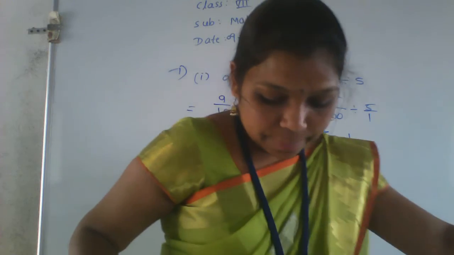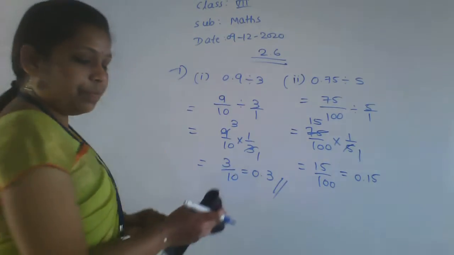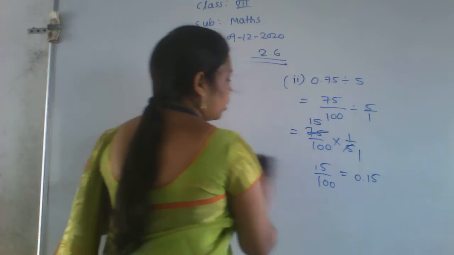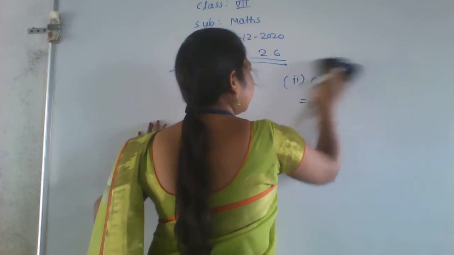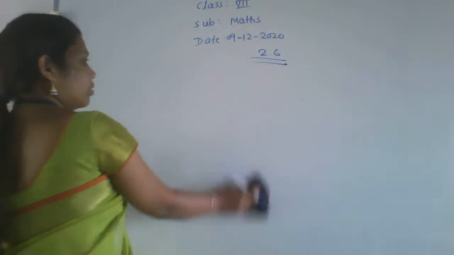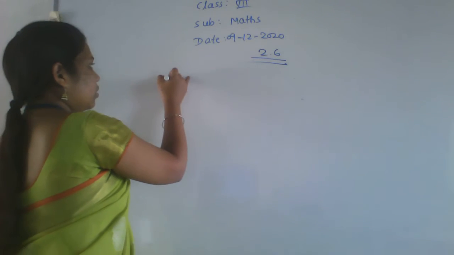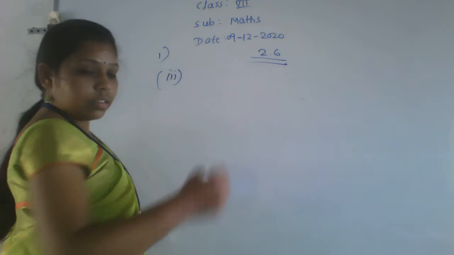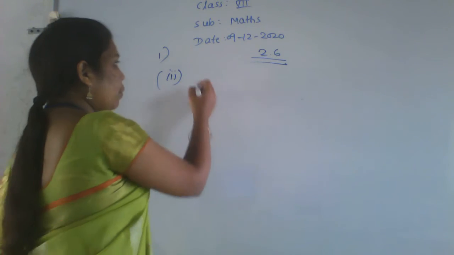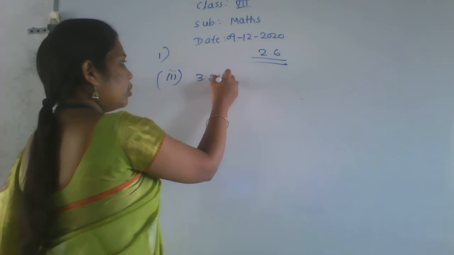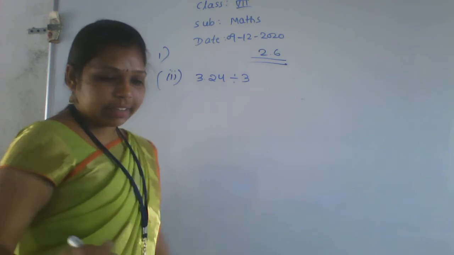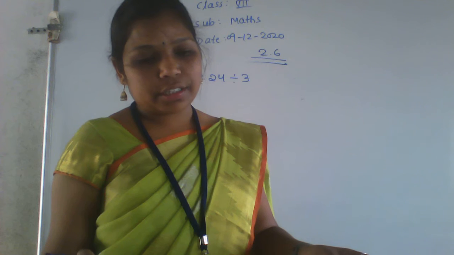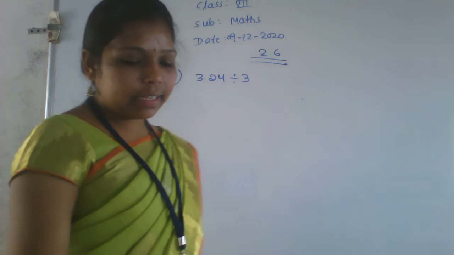Next question. This is the third one. What is the third problem here? 3.24 divided by 3.